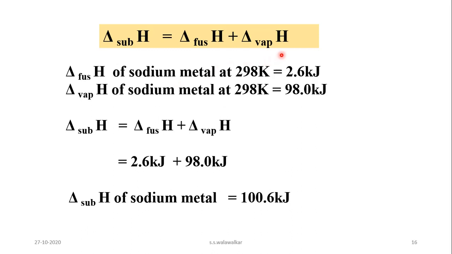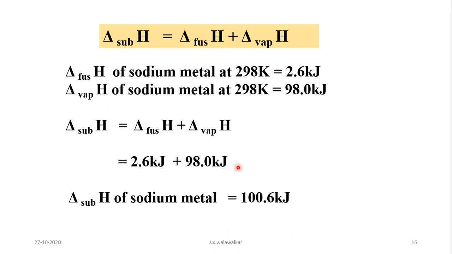Remember that this is very, very important: while writing the definition of enthalpies, you must remember that the enthalpy change occurs when 1 mole of a substance is converted, that is, if it is fusion, then solid is converted into liquid state at constant temperature and pressure.